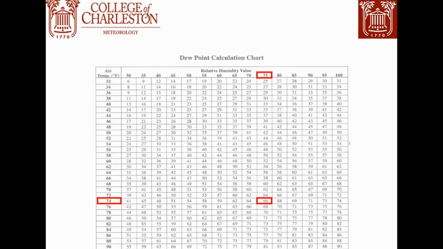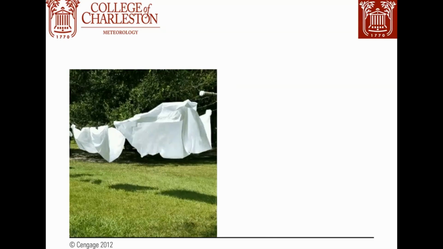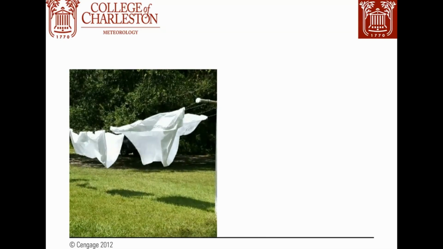So now we're going to look at the science behind why the sling psychrometer works. And this is best explained by thinking about things that we do naturally. For example, let's suppose you wanted to dry your clothes outside. In what weather conditions would your clothes dry faster?